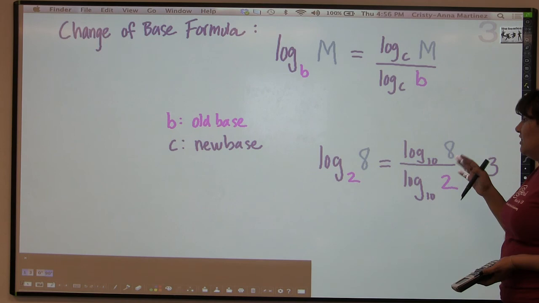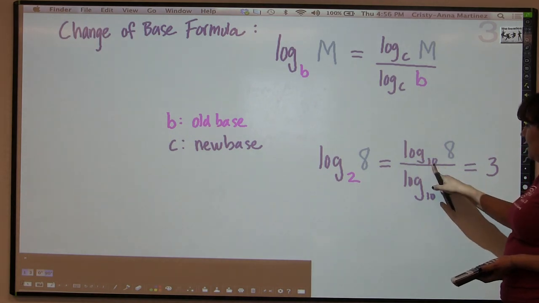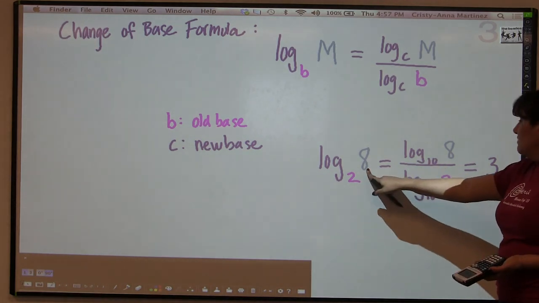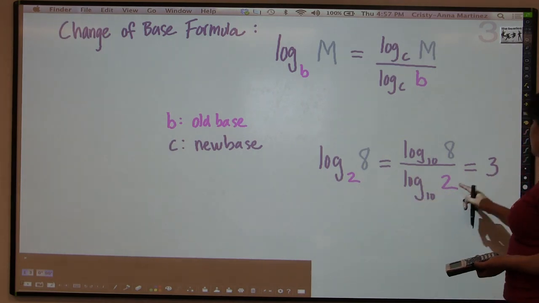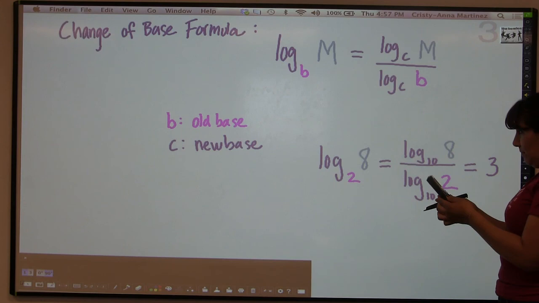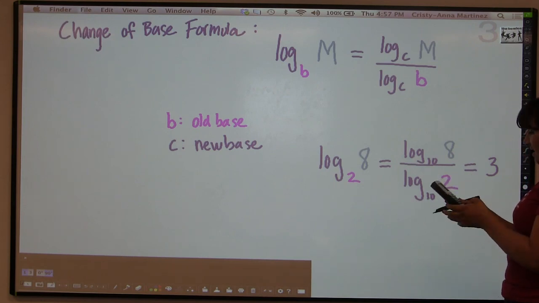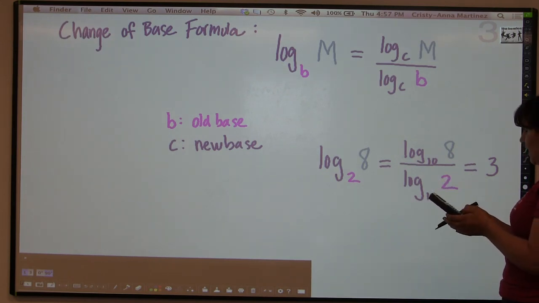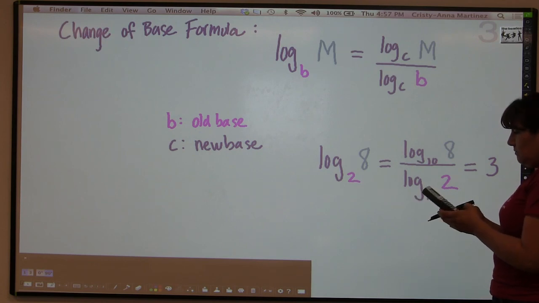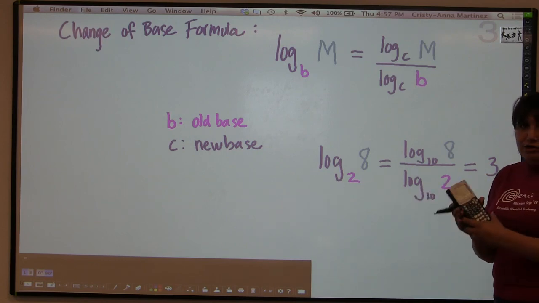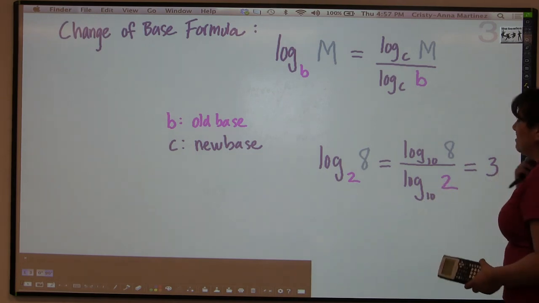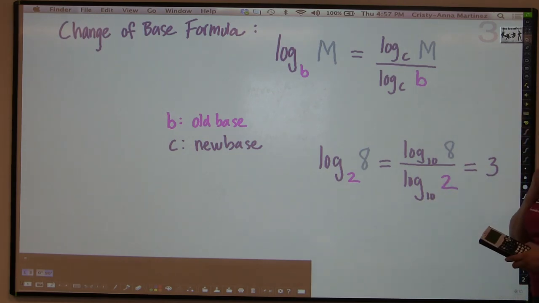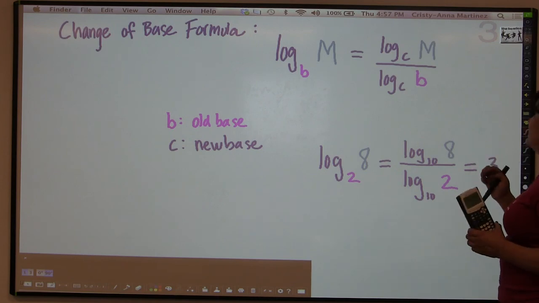According to this formula, if you take log base 10 of the original number and divide it by log base 10 of the old base, then you should get 3. So I'm going to go to my calculator, take log of 8 and divide it by log of 2, and I get 3. You should be doing that with your own calculator, so not just believe what I say, but actually try it on your own. And in fact, you do get 3. So that's how you change bases.